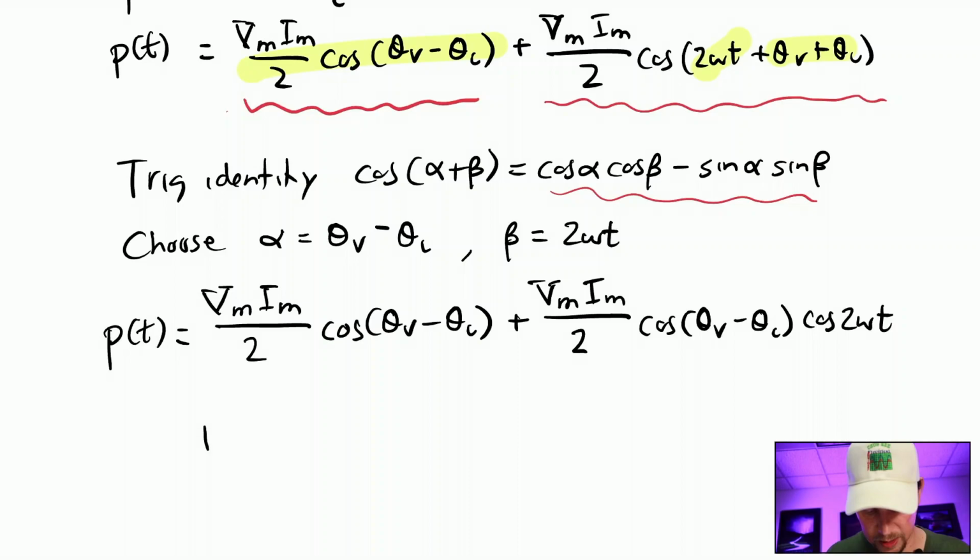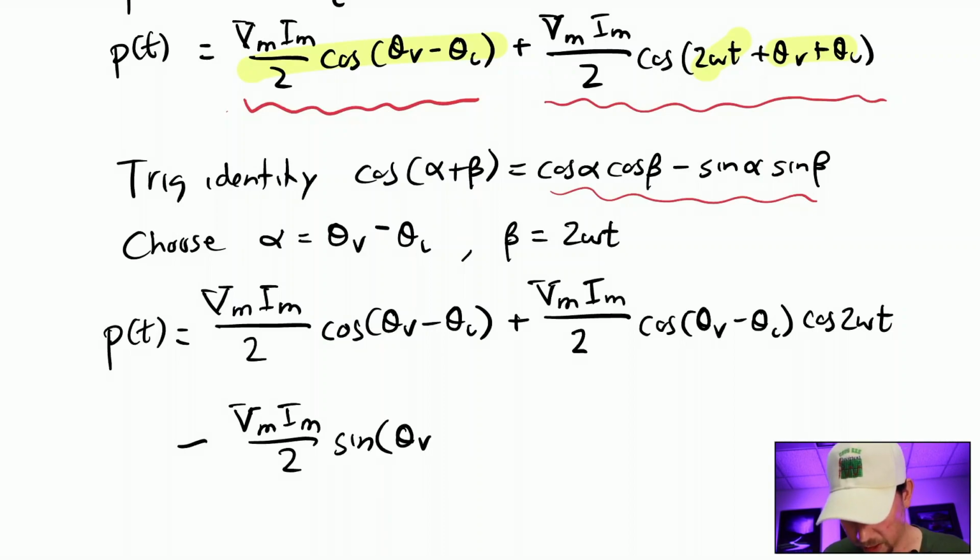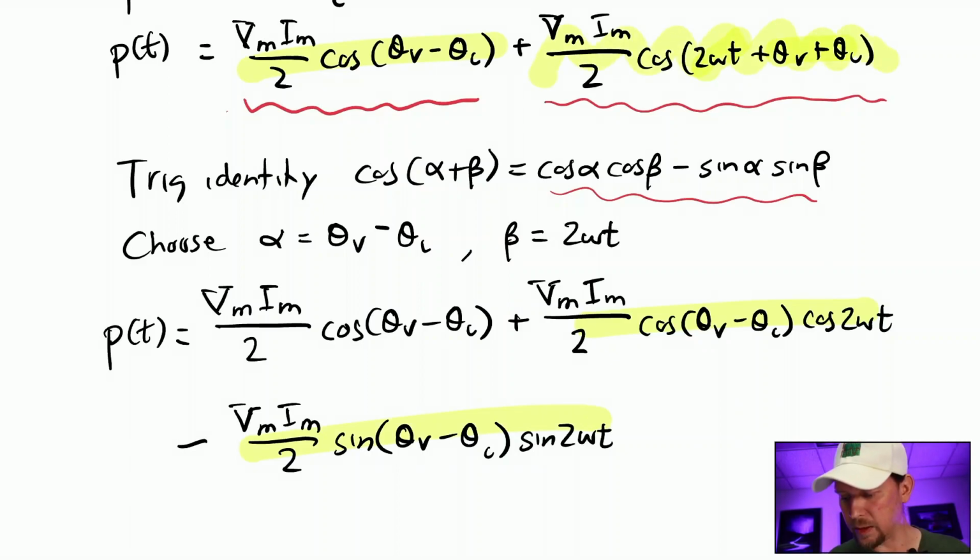And then lastly, minus V sub m I sub m over 2 times the sine of theta v minus theta I times the sine of 2 omega t. So these two terms here came about from splitting this one up by using this particular trig identity.